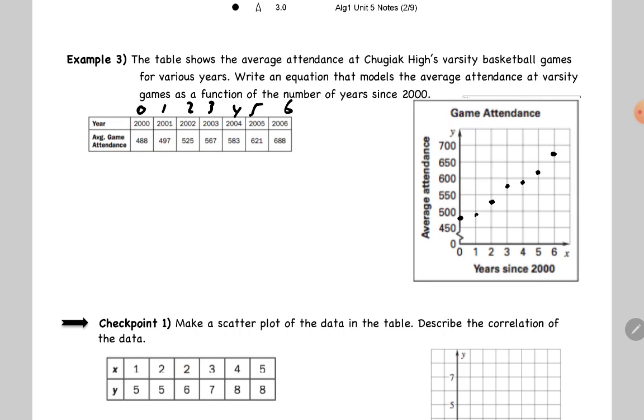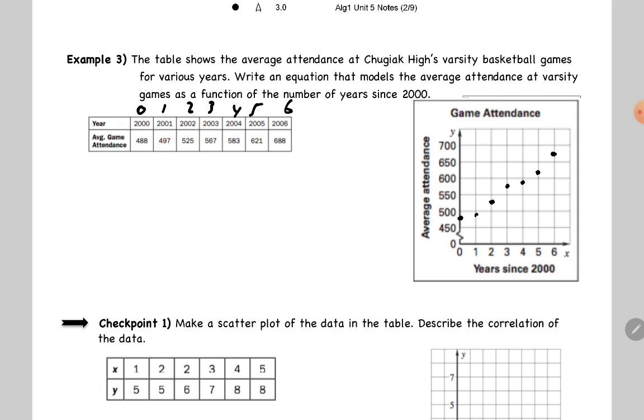They want us to draw a line. So we need to choose 2 points. You want to choose 2 points that, if you were going to connect the dots, would create a decent representation of going in between all the dots.